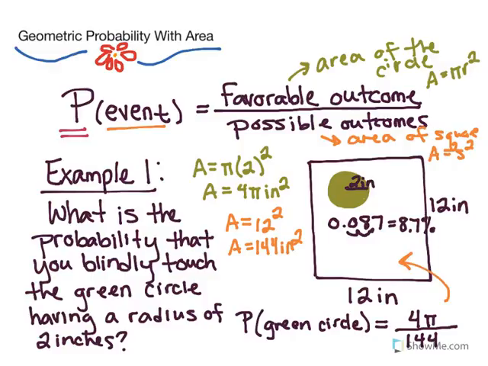So one other area of concern here is, what if your question asks that you leave your answer in terms of pi? So I want you to redirect your attention to the bottom right hand part of the screen where I have 4 pi divided by 144. If you have to leave your answer in terms of pi, the only thing that you need to do is reduce the numeric part here, which is 4 over 144, which both are reducible by 4.